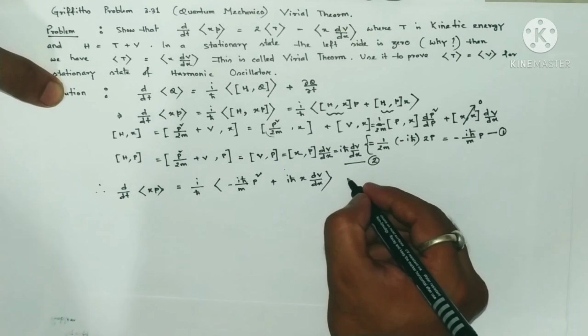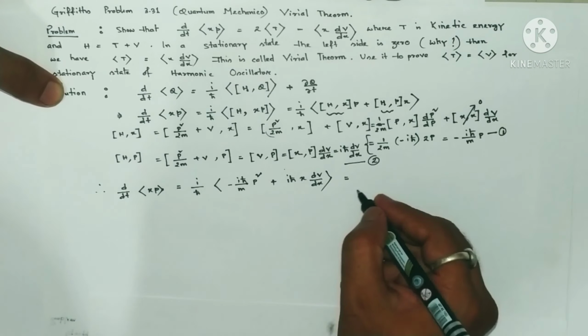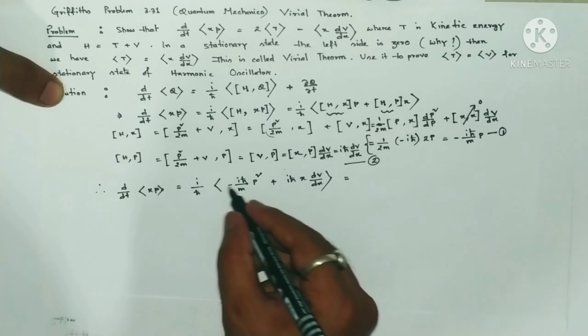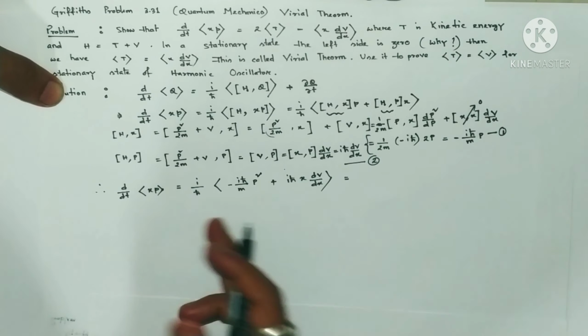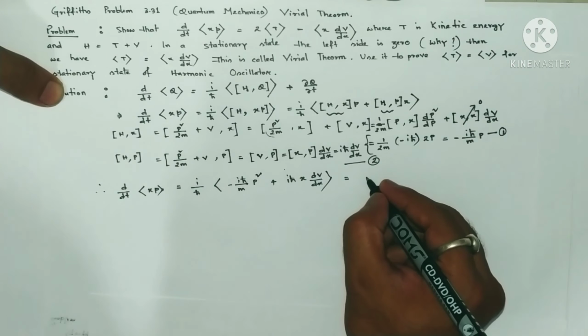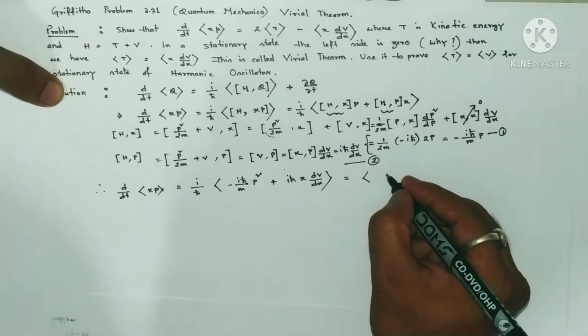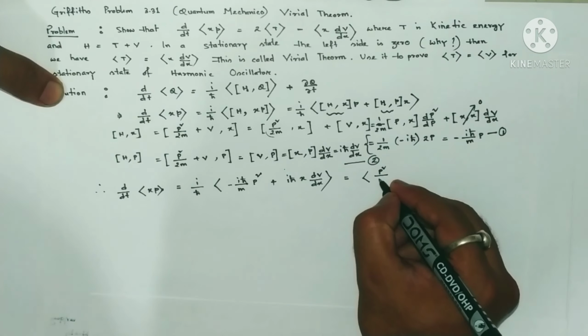If we take out i h cross common, and obviously we can take minus as well, because i with i will give you -1, so minus and minus cancel out, and we will be left with p square by m.